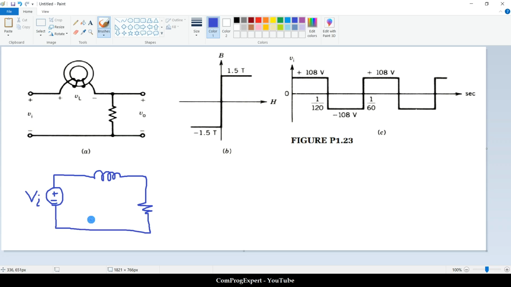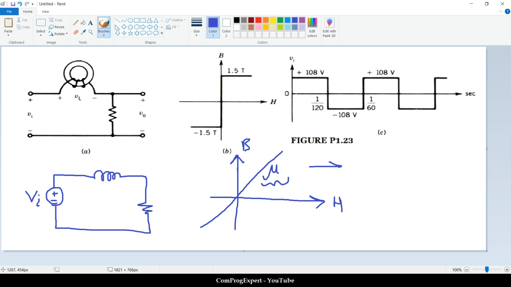So let's consider this BH curve with a constant permeability. So as you know, in this case, we have a constant value for inductance.